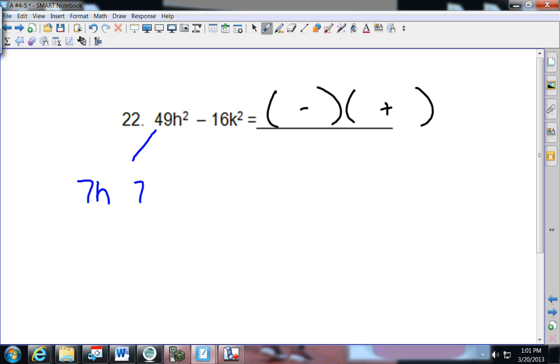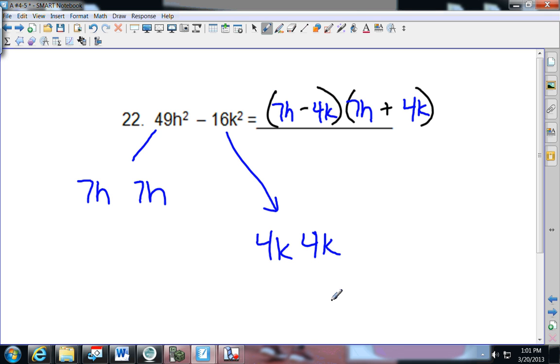So I'll have 7h and 7h. 16 splits up as 4 and 4. So I have 4k and 4k. That's all you do. You split them up, and when they're the difference of squares, you split them up so they look the same, but one is positive, one is negative.